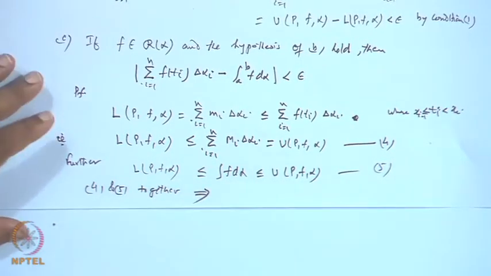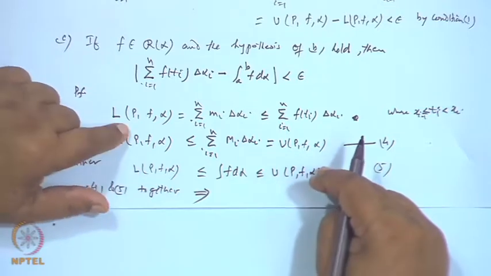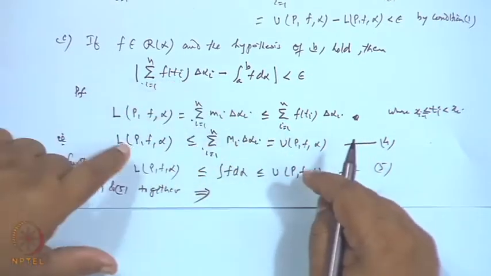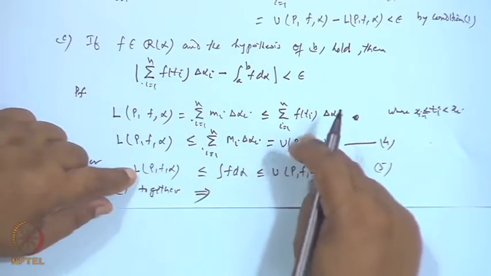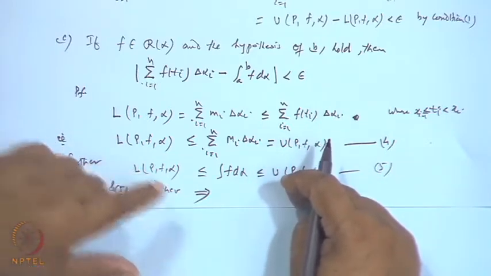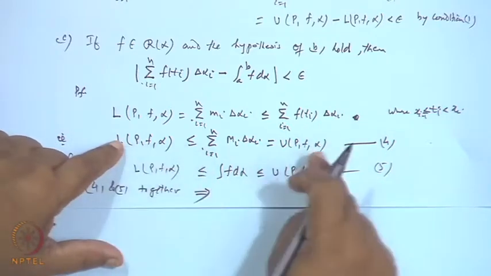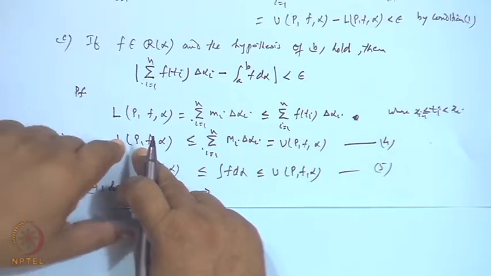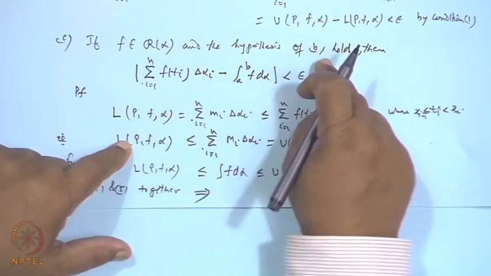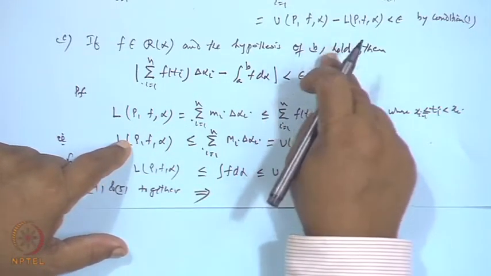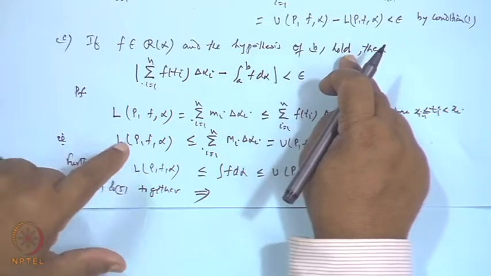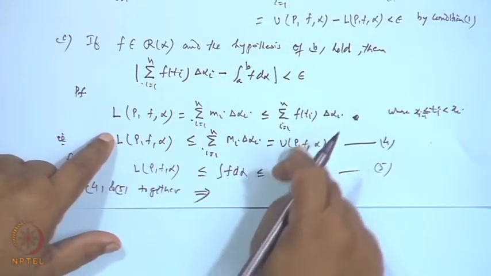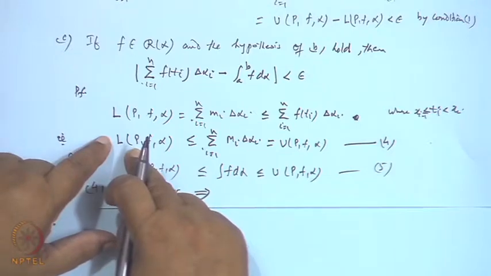4 and 5 together imply this difference. If I take this difference, then the difference is coming to be 0. In fact, tending to 0, it is very small, because U(P, alpha) minus L(P, alpha) is less than epsilon. The condition in hypothesis 2 holds means condition 1 holds. Condition 1 holds means the difference of U minus L is less than epsilon.